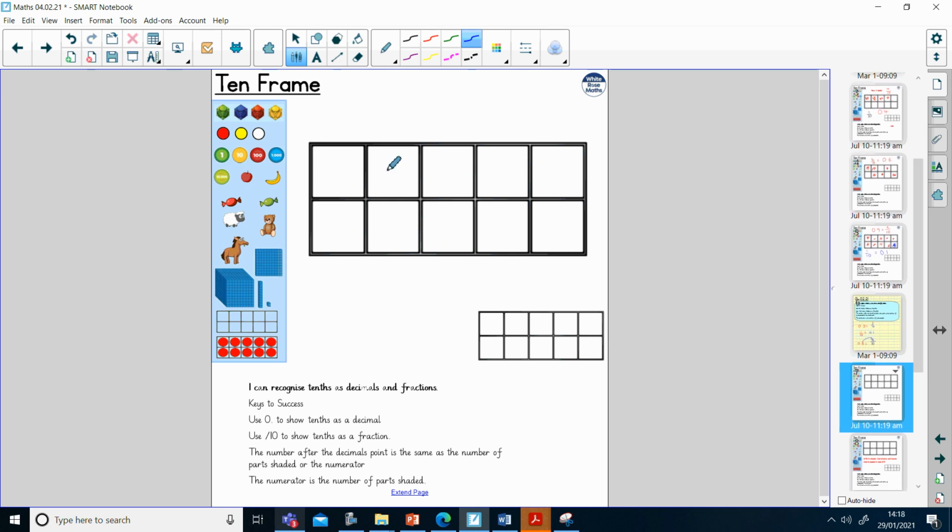Okay, let's shade this much. And then I'm going to shade some green. And then I'm going to shade some red.